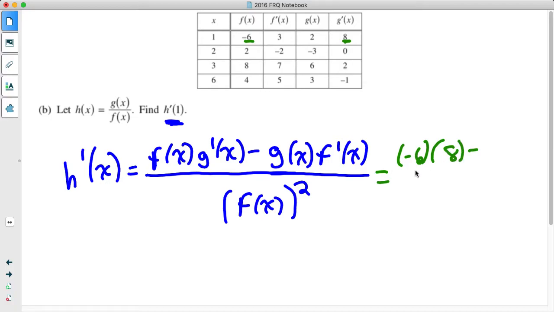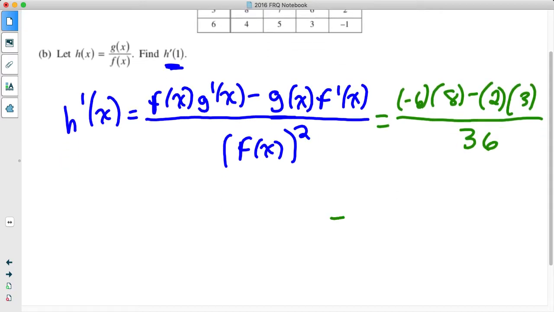Minus g of 1, that's 2. And f prime of 1, so we're basically using all these numbers in that top row, that's 3. Over f of 1 squared, so again, f of 1 is negative 6. Negative 6 squared is 36.